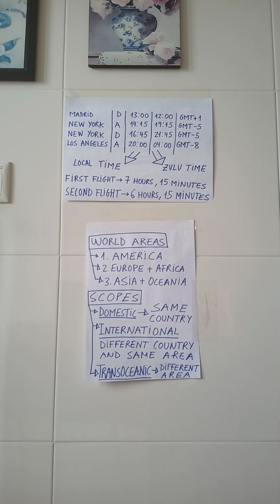International: this is where flights that cross several countries without leaving the area where the trip began enter. And finally, transoceanic: this is where flights that cross several countries and several areas come in.